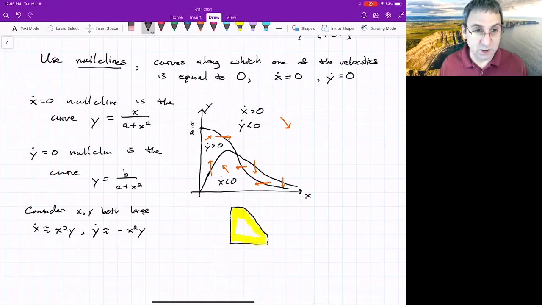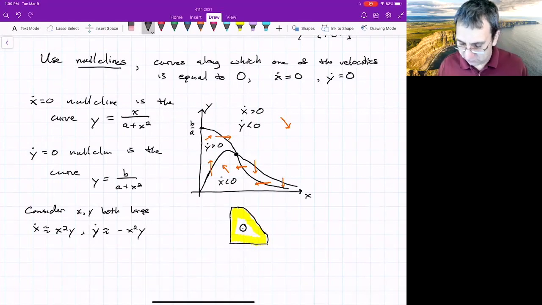To make this an actual trapping region, it's got to topologically look like an annulus, which means we'll have a little hole. Where will that hole be? The hole will be centered on this fixed point, where the x dot equals 0 and y dot equals 0 nullclines meet. That means x dot and y dot are both equal to 0. So that's a fixed point. So we need to exclude that from our region, definitely.